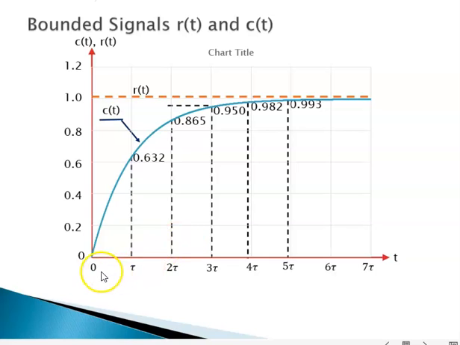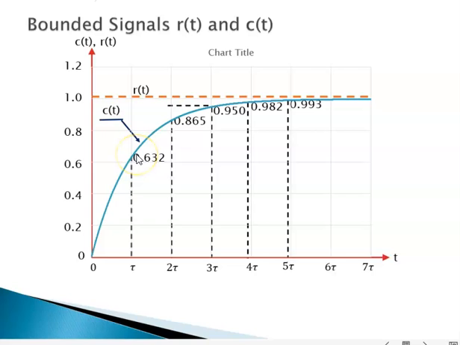Similarly, in this plot there are two graphs shown. One is R of t, second is C of t. This R is going horizontally forever. This C is gradually approaching R of t. In either case, if you draw a horizontal line at 1.2, every value of R of t is less than 1.2.